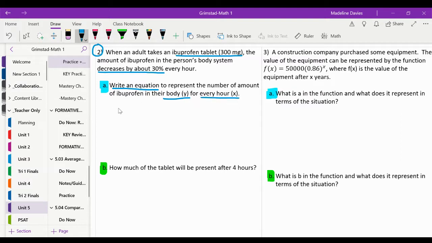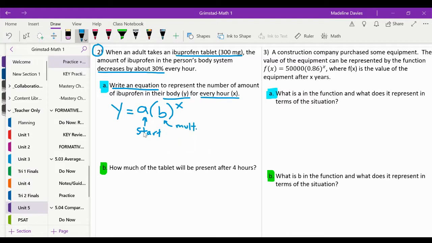So remember our equation base is y equals a times b to the power of x. And a is our starting value, start, and b is our multiplier.